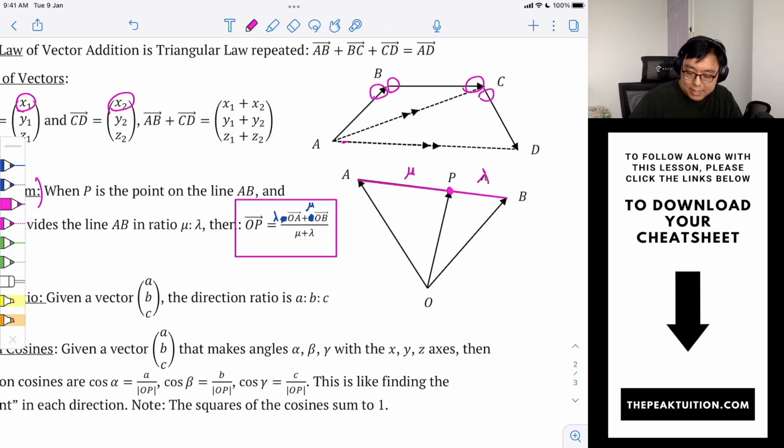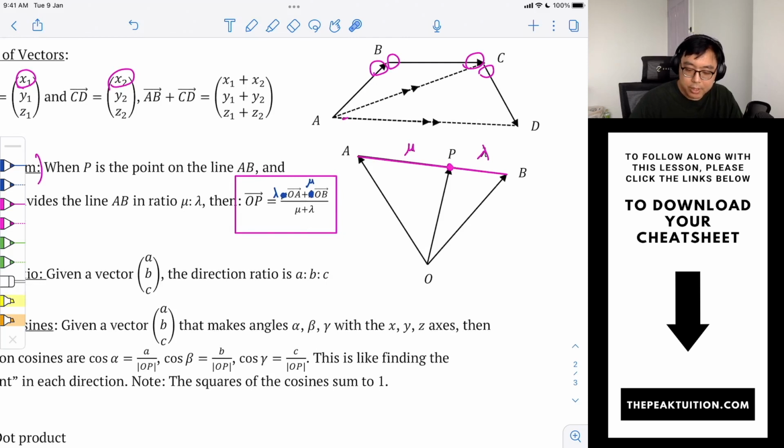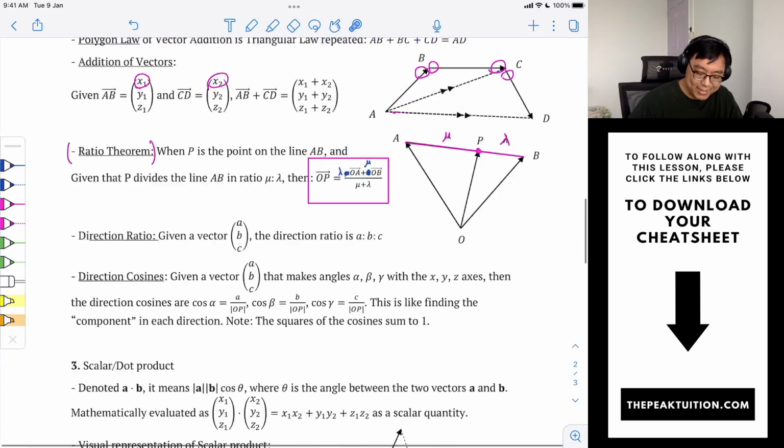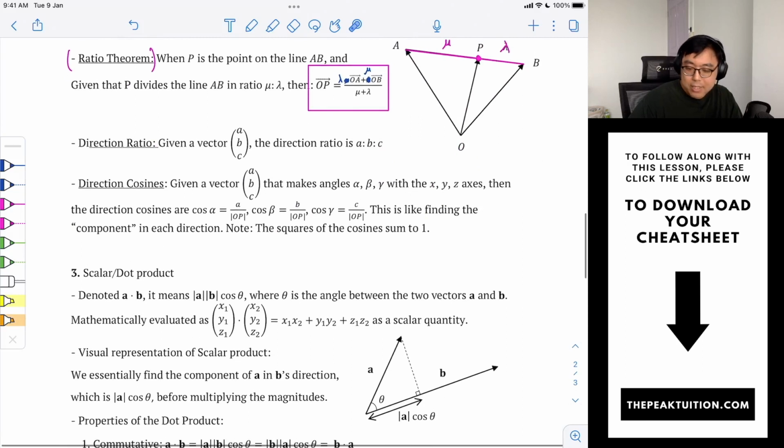We notice that P is mu away from A and lambda away from B. So in a sense, P is mu closer to B and lambda closer to A. So we take lambda and multiply by OA, and we take mu and multiply by OB. In the current iteration of the notes, I believe there's a typo here, so just follow this video. I'll upload new notes soon. Okay, and that's the ratio theorem.